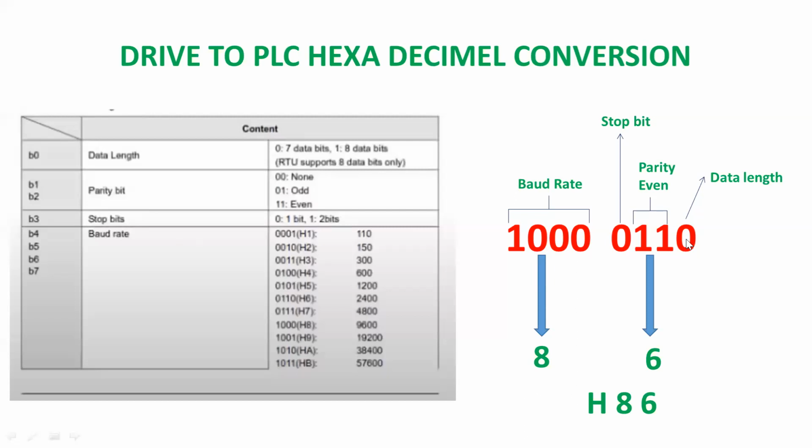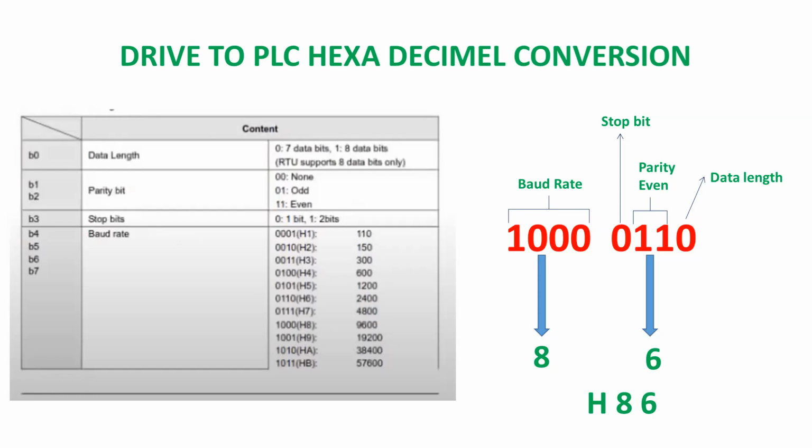How does it come? 2 power 0, 2 power 1, 2 power 2. 2 power 1 is 2, 2 power 2 is 4. 2 plus 4, the value 6 comes. Next, 1000: 2 power 0, 1, 2, 3. 2 power 3 is 8. So 86. The drive's hexadecimal value here is 86. That H86 we need to enter into the program itself.